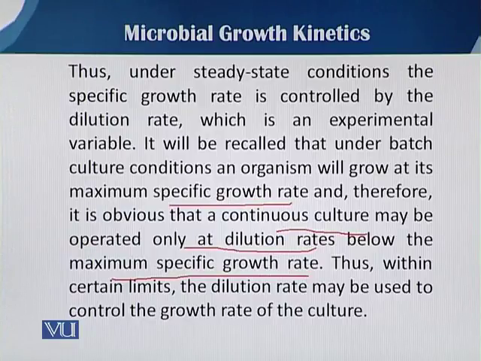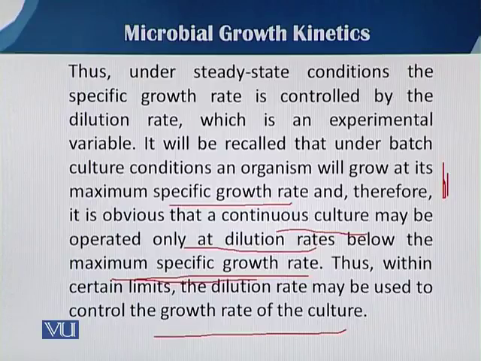So in a batch culture we have the specific growth rate, but in a continuous culture it can be operated through the dilution rate in order to stay below that maximum specific growth rate. Within a certain limit, the dilution rate may be used to control the growth rate of the culture. So the dilution rate in the continuous culture can be helpful in controlling the growth rate in a culture.